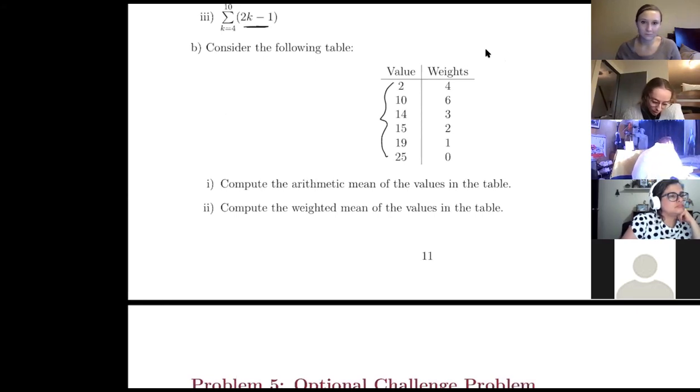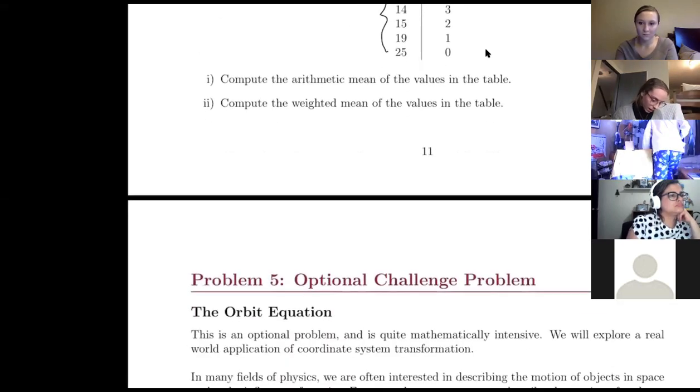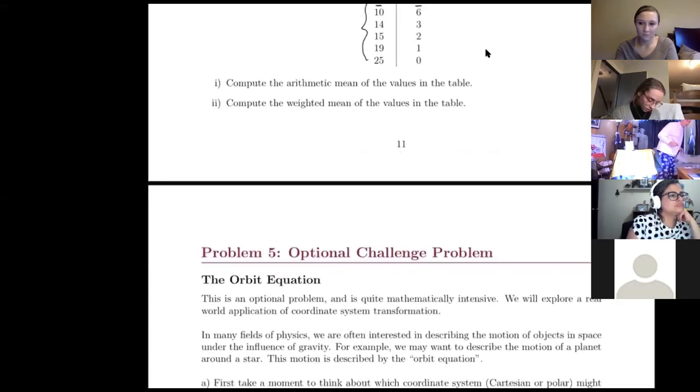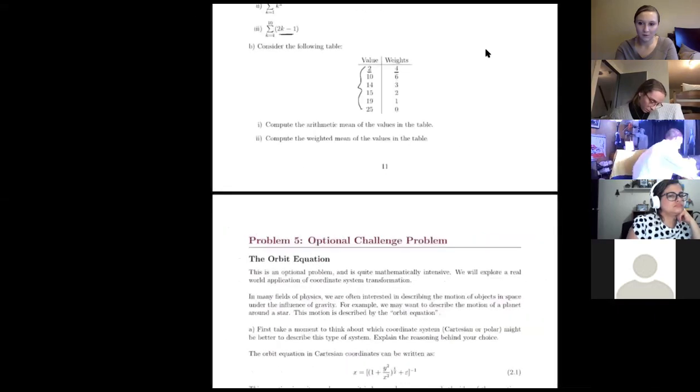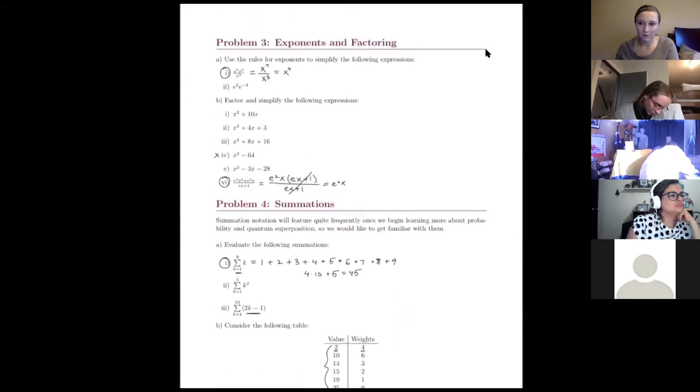You multiply the value by its weight, you add up all of those, and then you divide it by the sum of the weights. This is an optional problem. So that is the end of homework 4 problems.